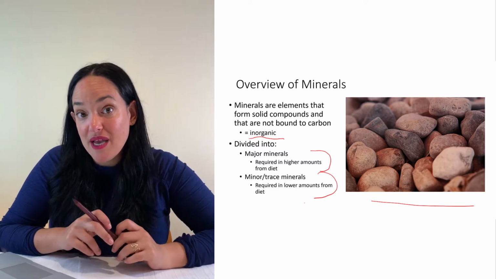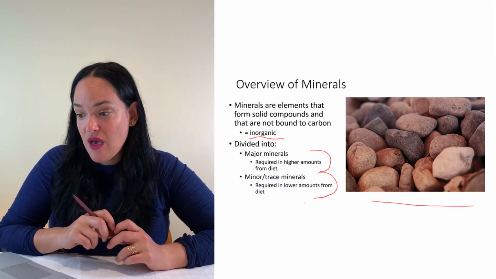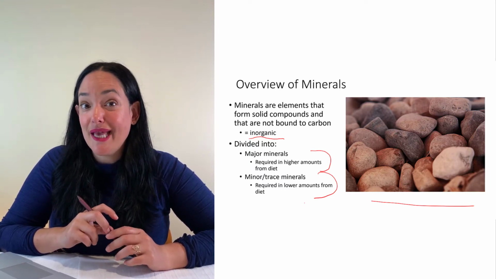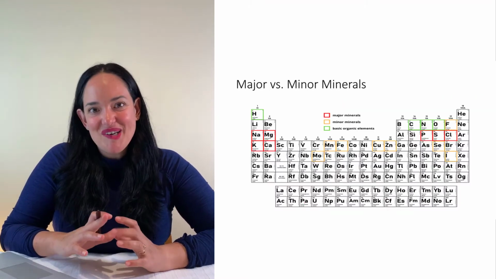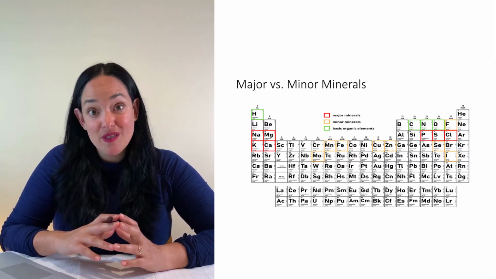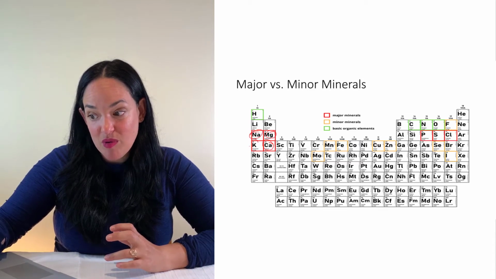So for instance, for the major minerals, often the recommendation is in milligrams, whereas for the minor or trace minerals, often the recommendation is in micrograms, so really, really tiny amounts. When I think of the minerals, I also think about the periodic table, because that is where I'm going to find these minerals. It's where I find calcium, magnesium, sodium, and potassium.